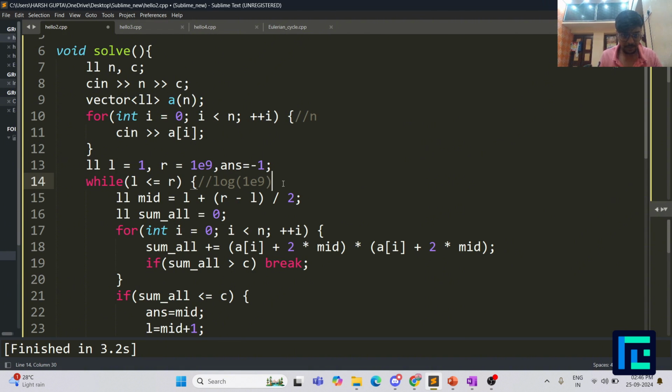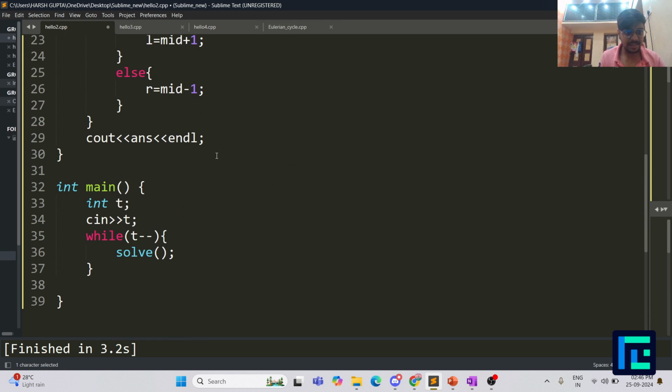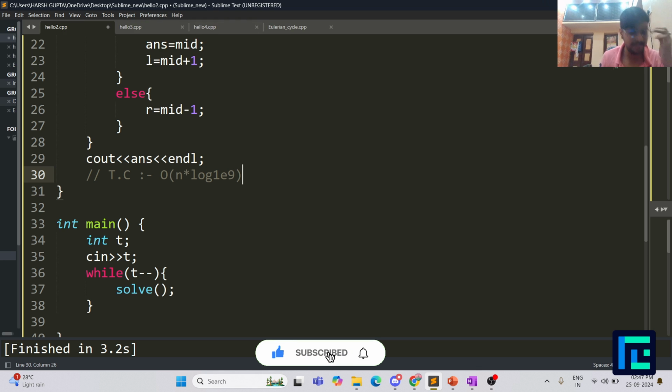So the total time complexity for every test case is big O of n into log of 1e9, which will definitely pass the constraints, right? Because log of 1e9 is something around 30, because this is of base 2, and n is of order 1e5. So this will definitely pass your constraints.